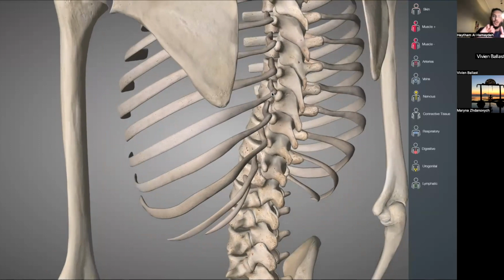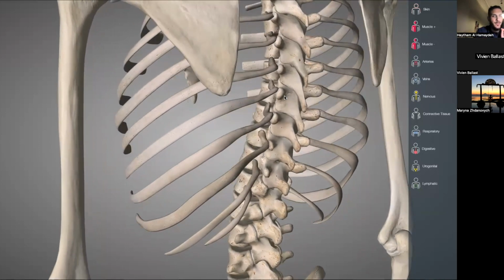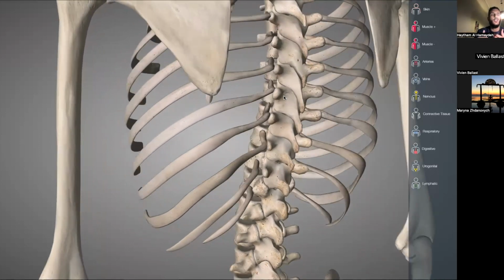Articular surface, non-articular surface. The articular surface articulates with the transverse process of the same number as the rib, and then the non-articular surface of the tubercle goes up and connects rib number 8 to the transverse process of vertebra number 7, as we see here.